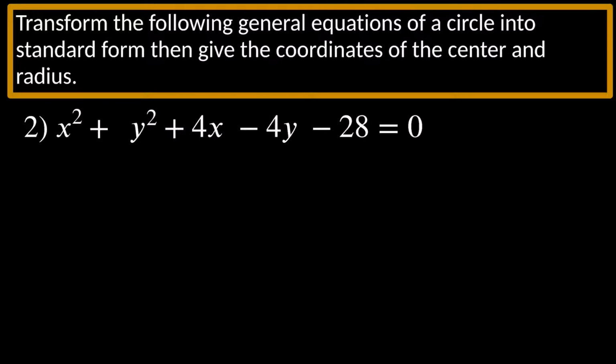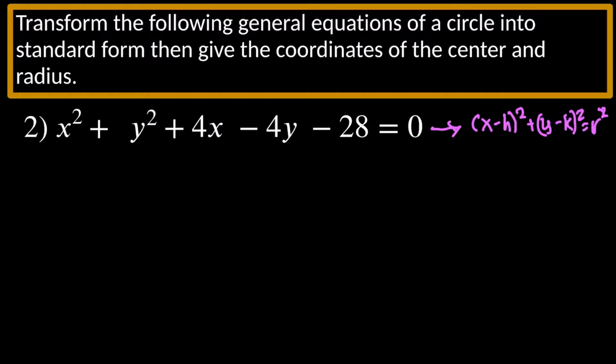All right, so let's have the second example: x² + y² + 4x - 4y - 28 = 0. Again, we need to rewrite this into the form (x - h)² + (y - k)² = r².